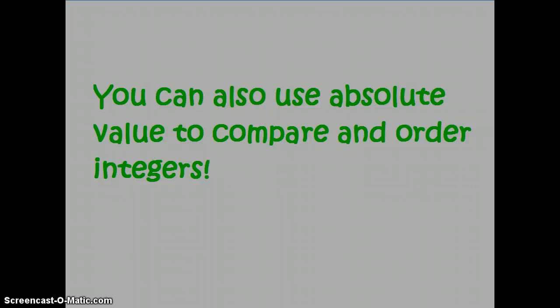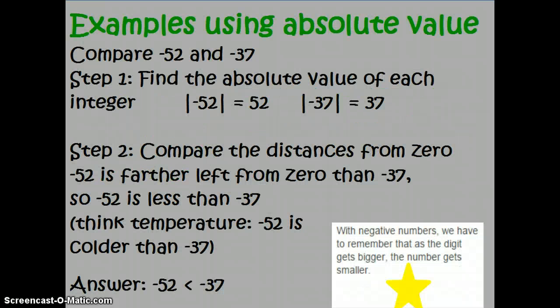So you can also use absolute value when you're comparing and ordering integers as well. So here's an example using negatives because the negatives seem to be where we get most confused. So let's look at -52 and -37. Step 1, if you want to use this, or comparing them using absolute value, you're going to find the absolute value of each integer.